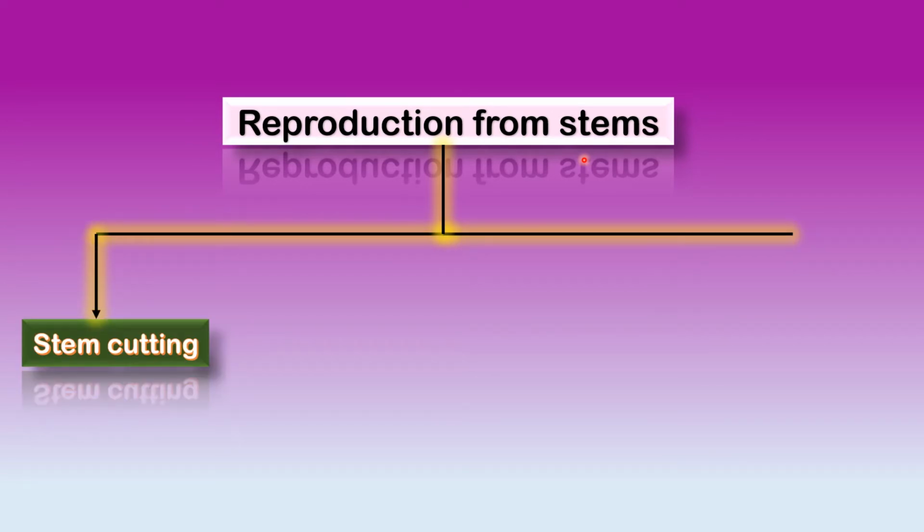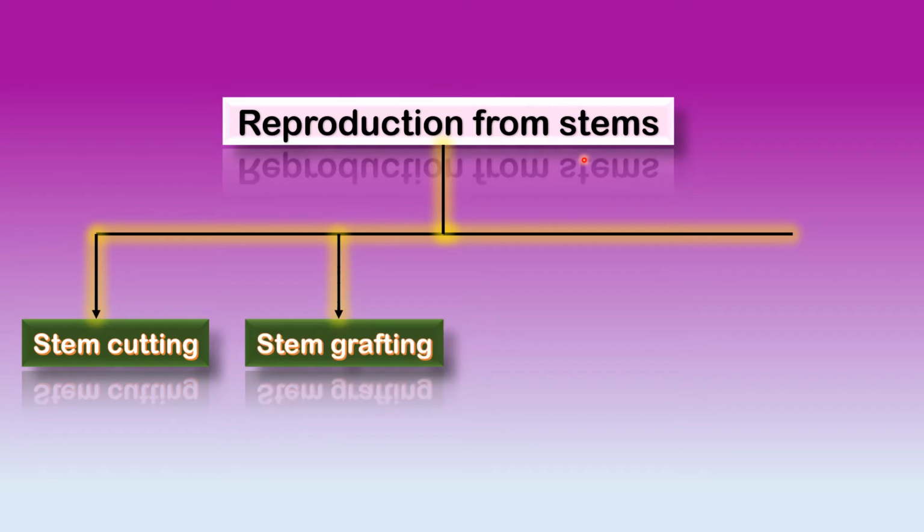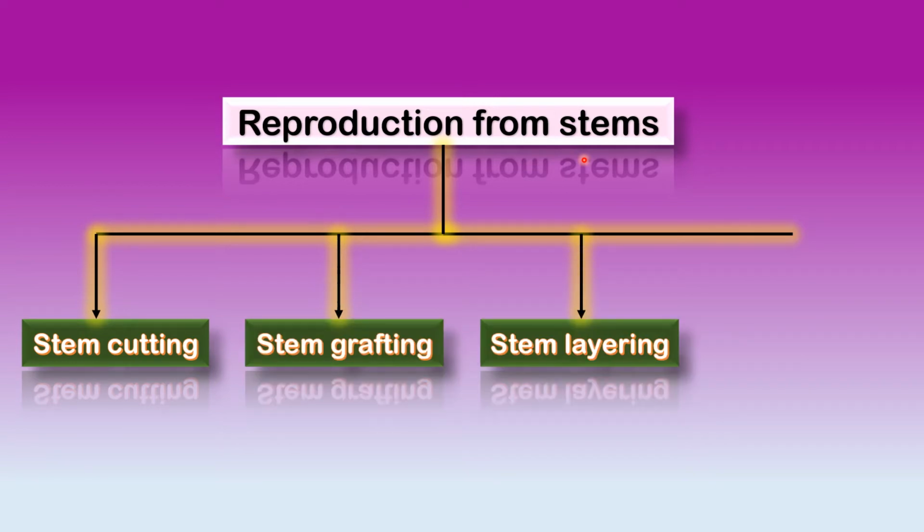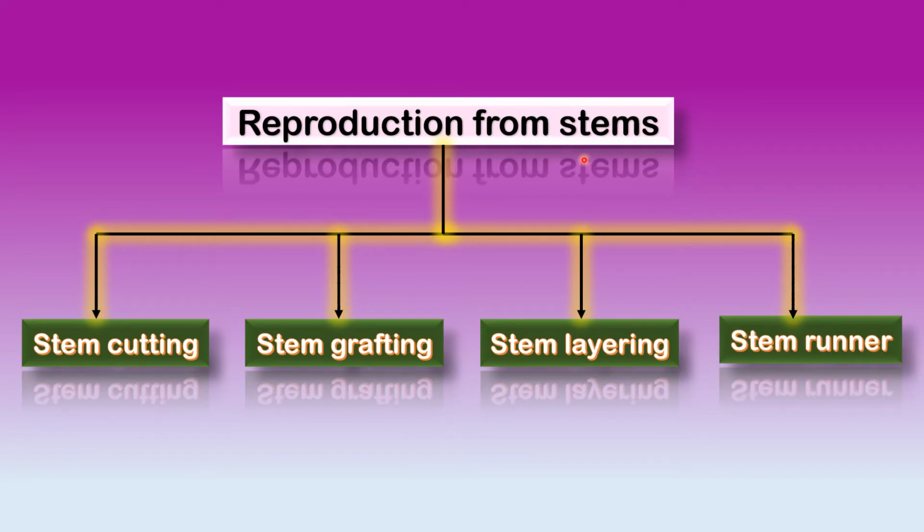But other than this, children, there are other ways also in which plants reproduce with the help of stems. What are those? Let's see. First, stem cutting, stem grafting, stem layering, stem runner. One by one we will see what are these.